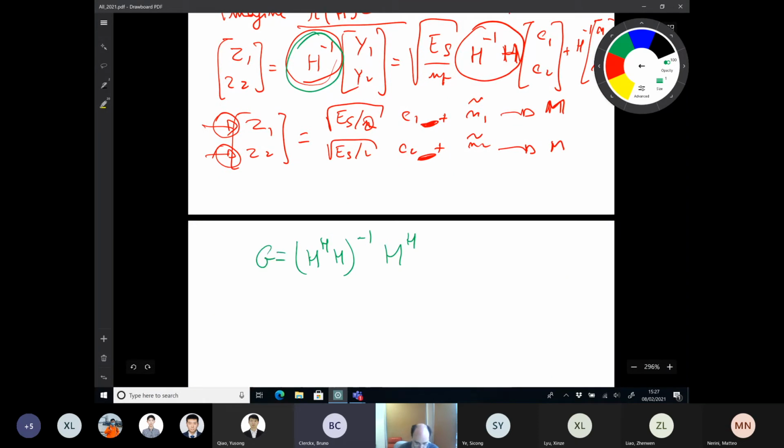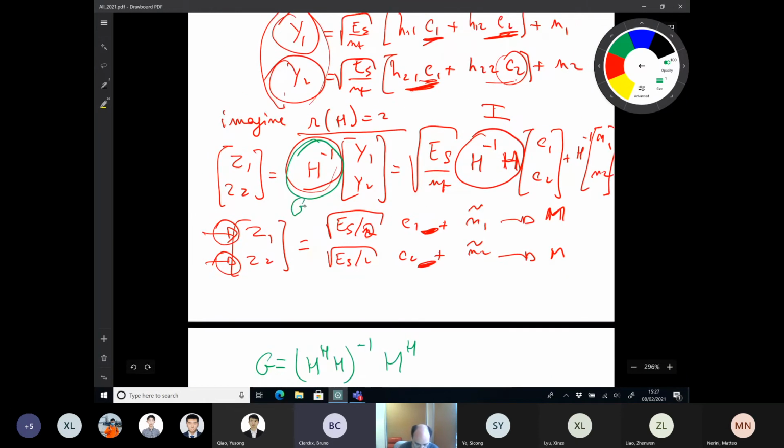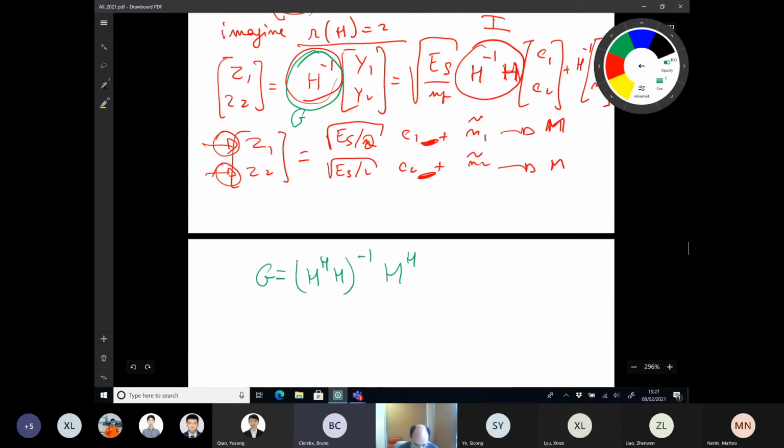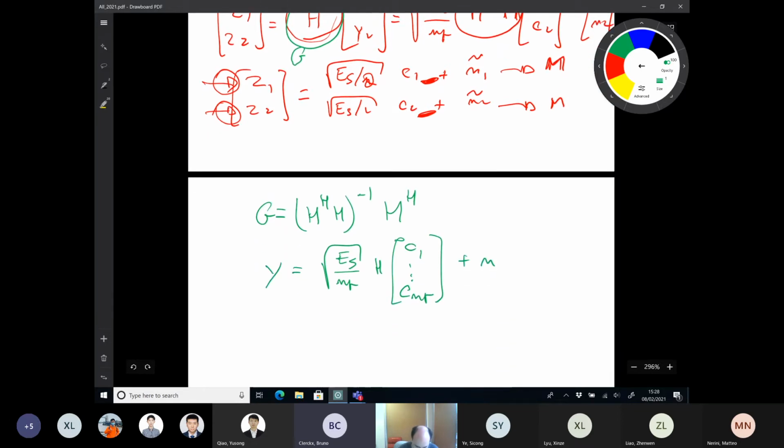So this is your G, this is your combiner, right? This is my G, my combiner, right? So if I apply this to my received signals, I have Es over Nt, H multiplied by C1 all the way to CNT here, plus my noise, and this is my receive observation.